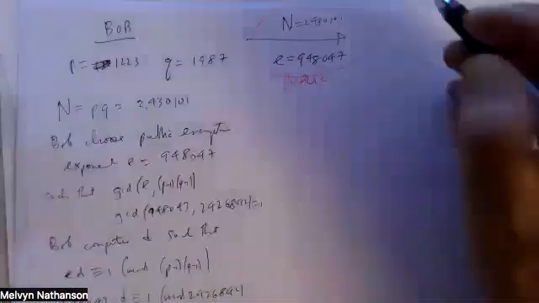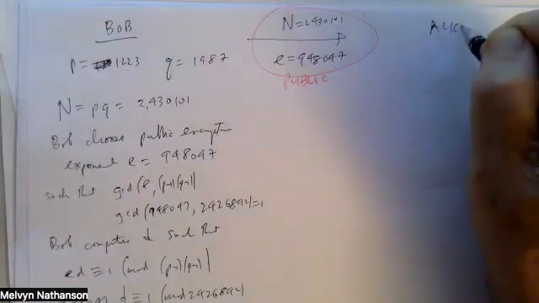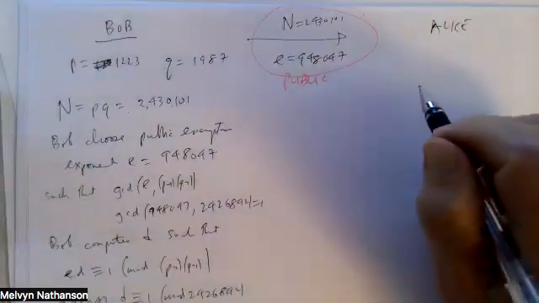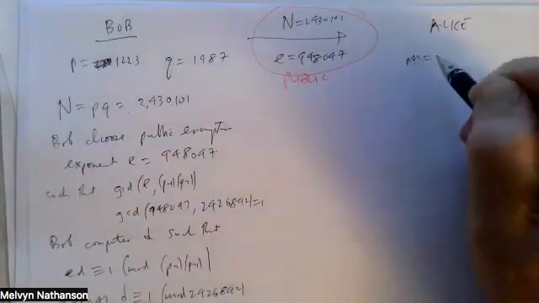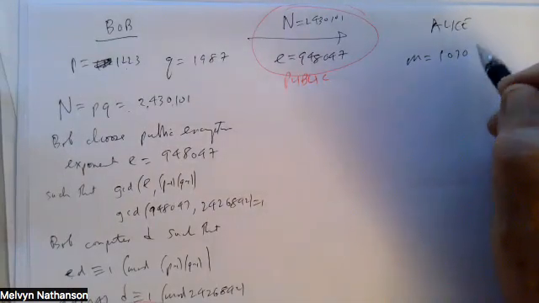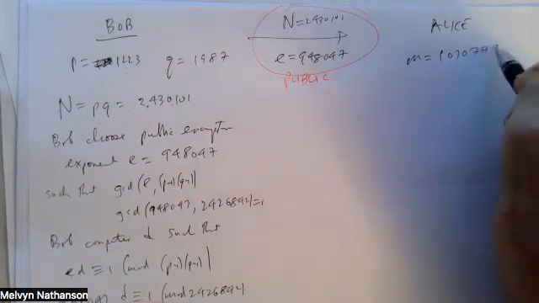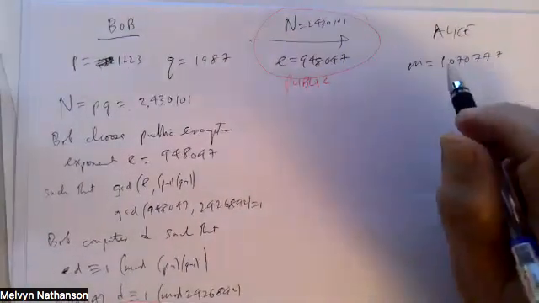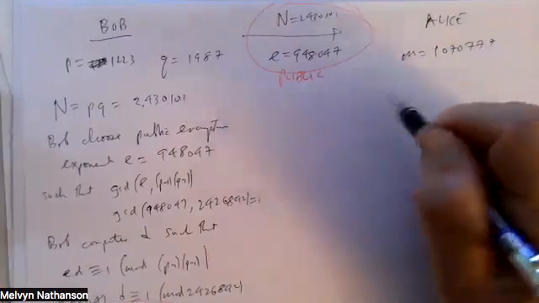Okay. Now Alice wants to send Bob a message. The message she wants to send is the number 1,070,777. So what does she do?